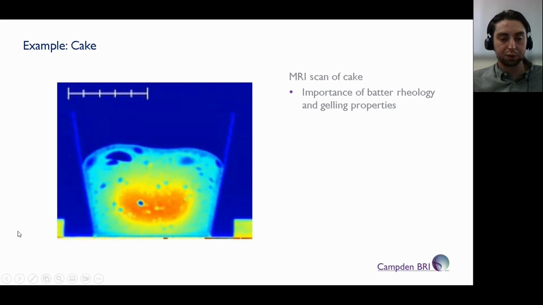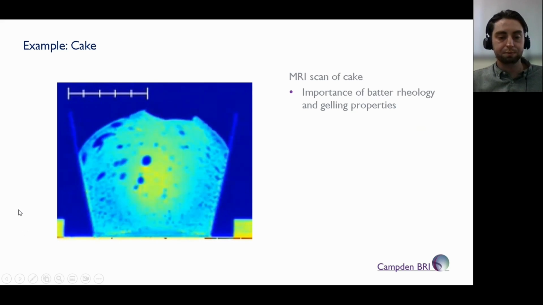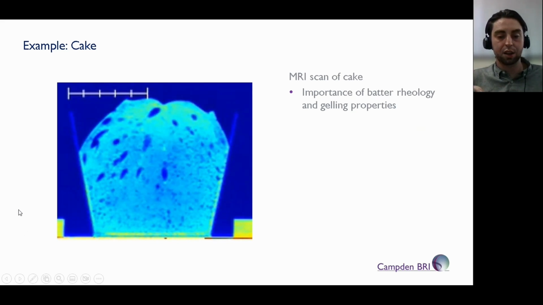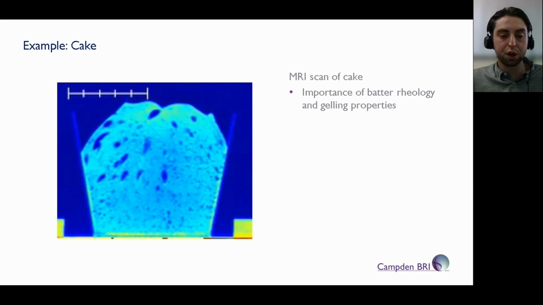So I thought that was quite cool to include there. But what it does is it shows you the importance of the physical properties of the system during baking. How does the batter rheology affect how much it can expand? And that's one of the key messages to take home.